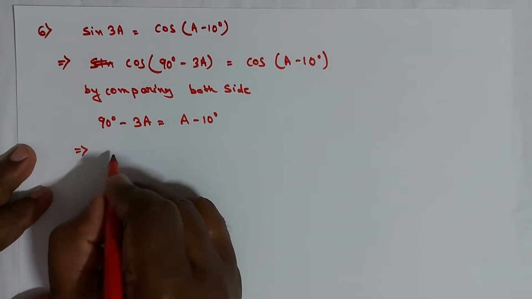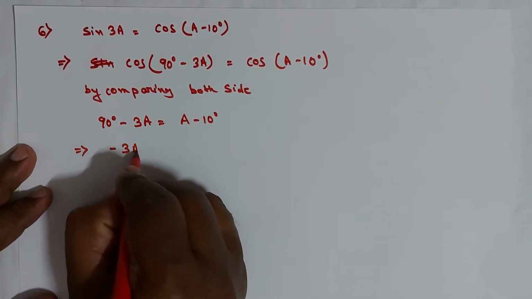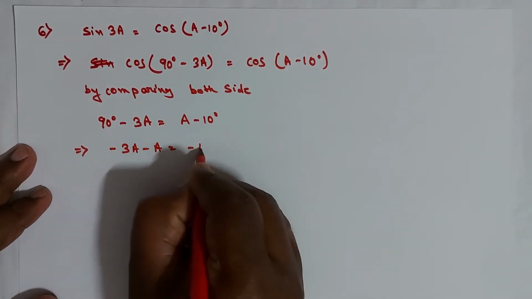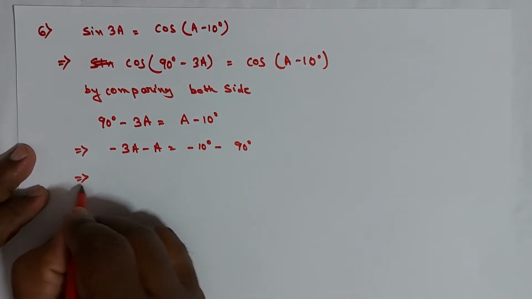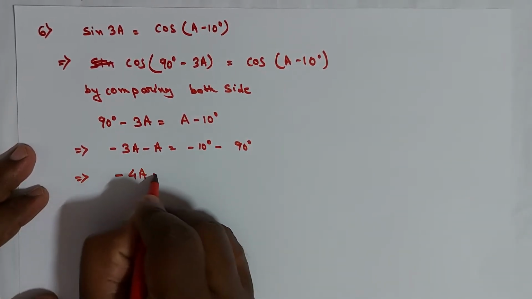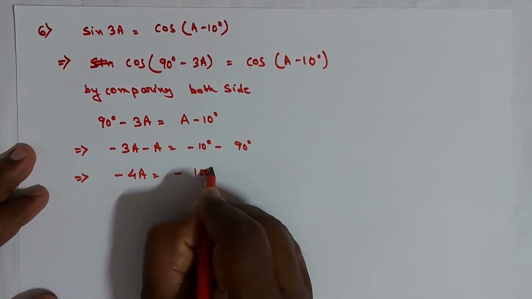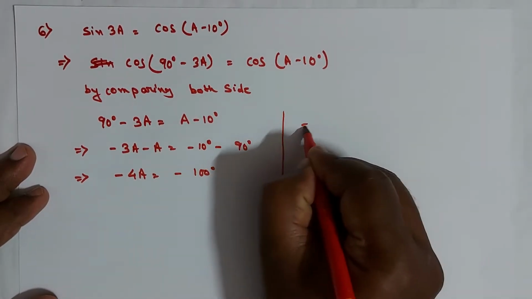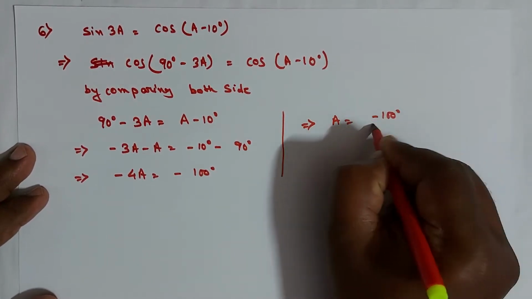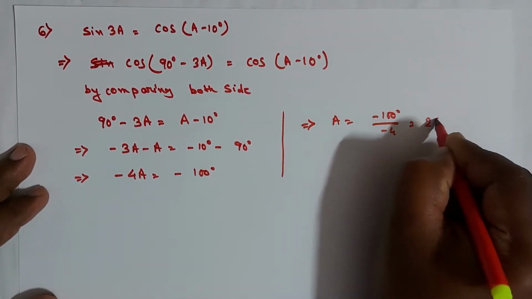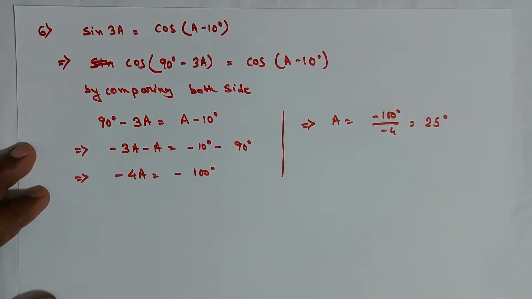If I solve this, it will be minus 3A minus A is equal to minus 10 degrees minus 90 degrees, or minus 4A is equal to minus 100 degrees, or A is equal to minus 100 degrees by minus 4, that is 25 degrees. So the value of A is 25 degrees.